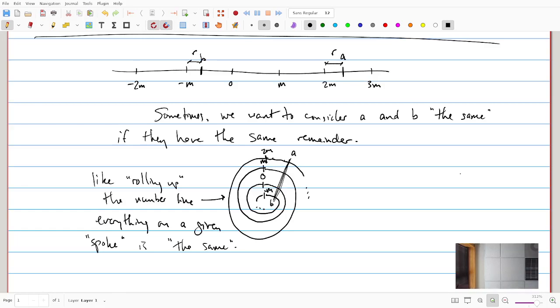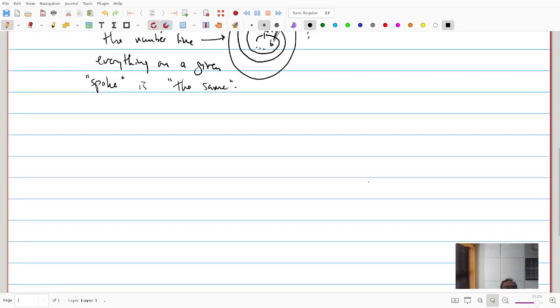So let's see how we're going to define this formally. Definition: I want to formally define what it means for two numbers to be equivalent if they have the same remainder.